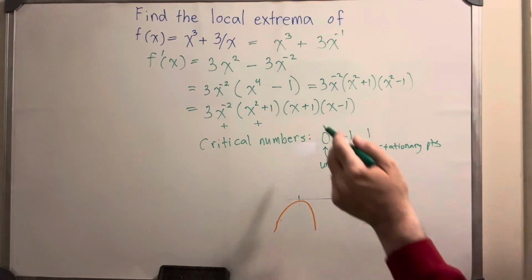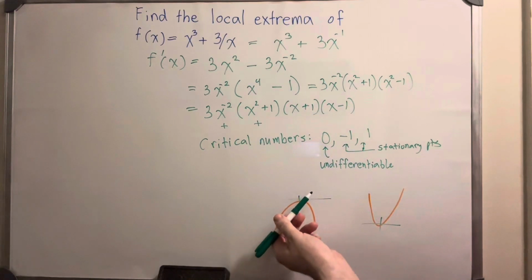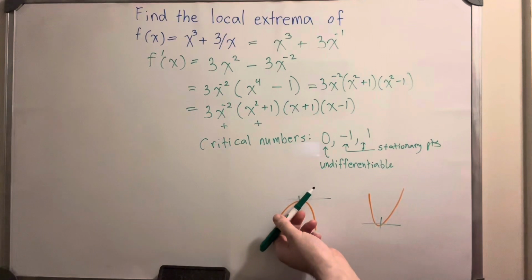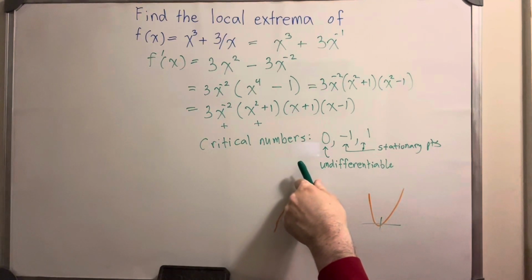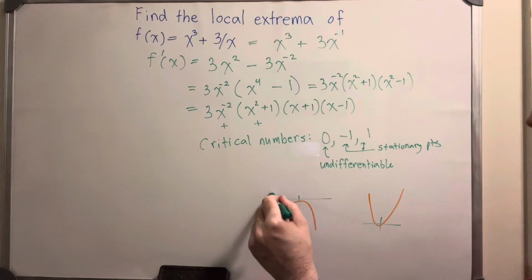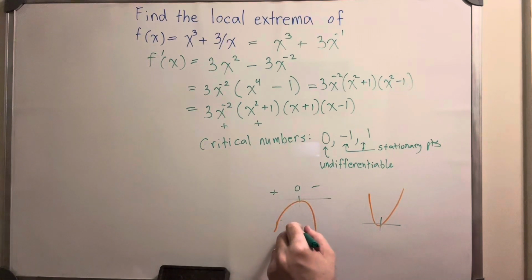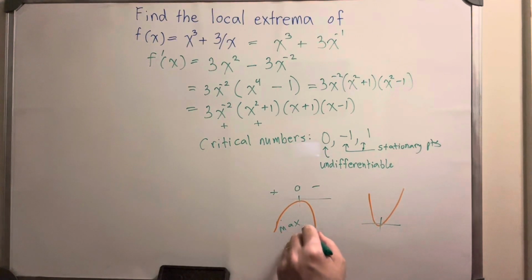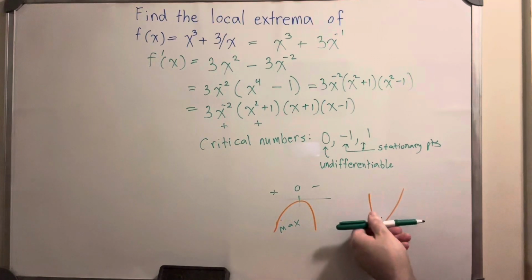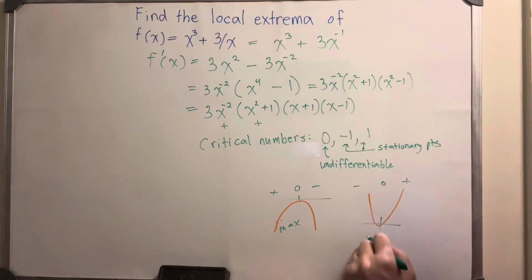So if you plug in a value and the derivative is positive right before and negative right after, then you know. So if you've got positive, 0, and then negative, you're talking about a maximum. If you've got a negative slope, then a 0 slope, and then a positive, you're talking about a minimum.